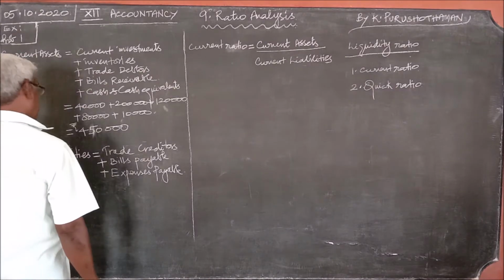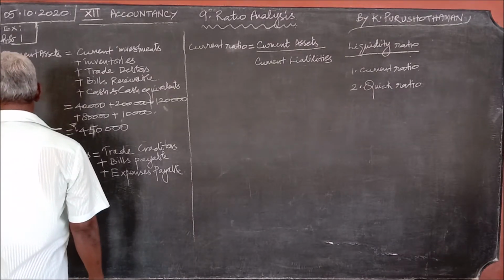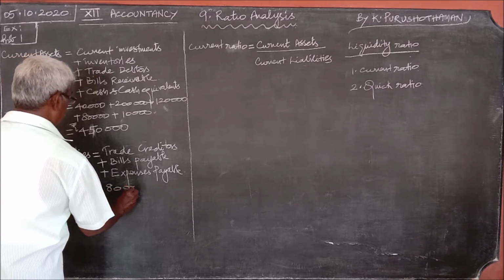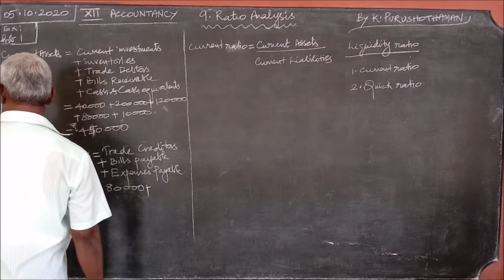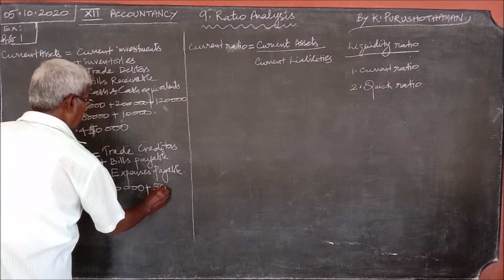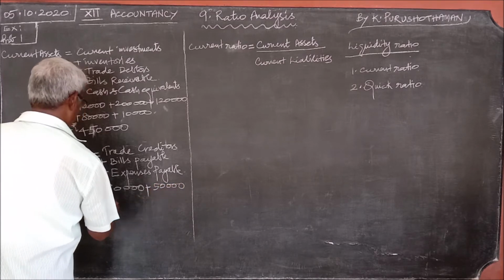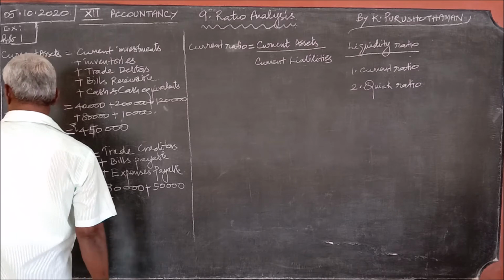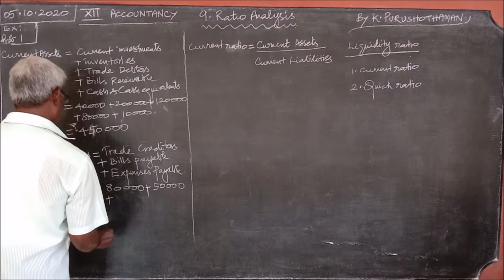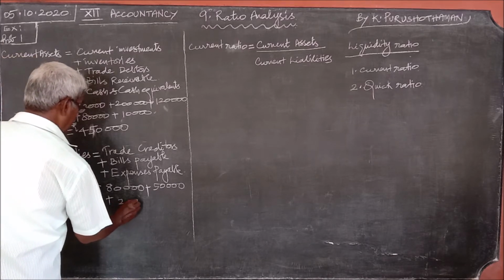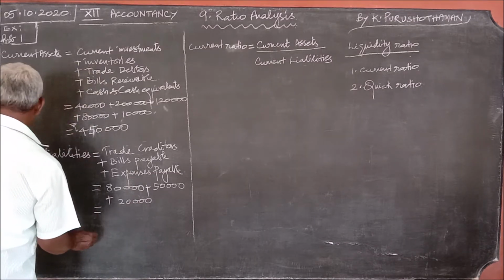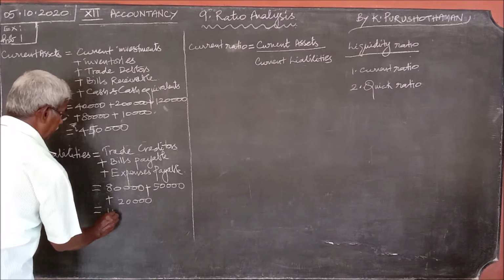Trade creditors, bills payable plus expenses payable. What are those amounts? Trade creditors 80,000 plus bills payable 50,000 plus expenses payable 20,000. So the total current liabilities is equal to 1,50,000.